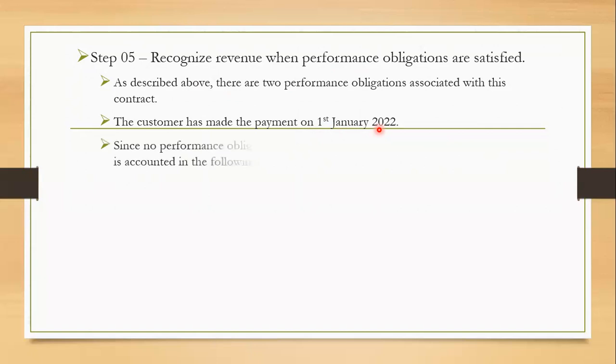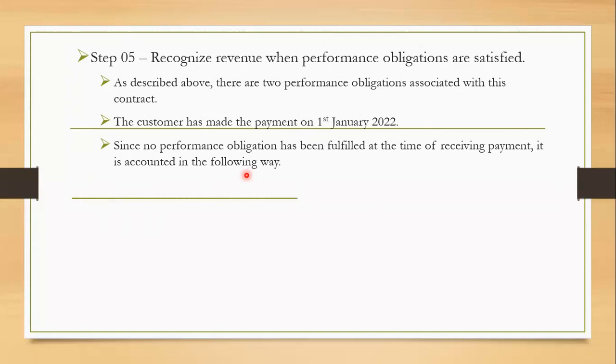So how are we going to account for this? That is the thing you need to understand first. Since no performance obligation has been fulfilled at the time of receiving payment, it is accounted in the following way. When the customer is paying us the full payment, we haven't fulfilled any performance obligation. Therefore, how can we account for it?